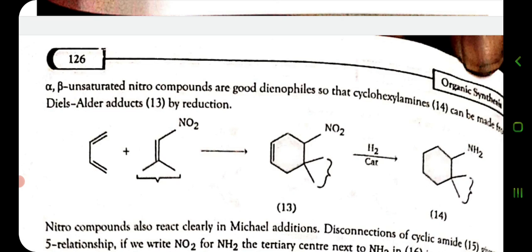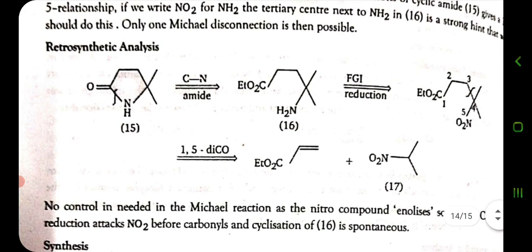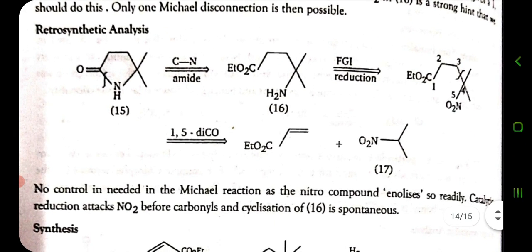This can be explained in the retrosynthetic analysis and synthesis of the target molecule. In the retrosynthetic analysis, the cyclic amide is disconnected and it will give the nitro compound.